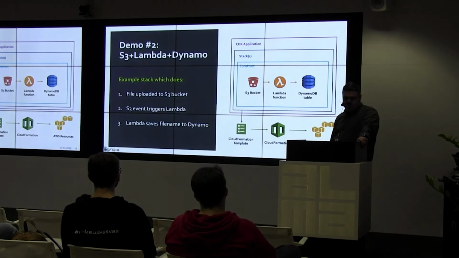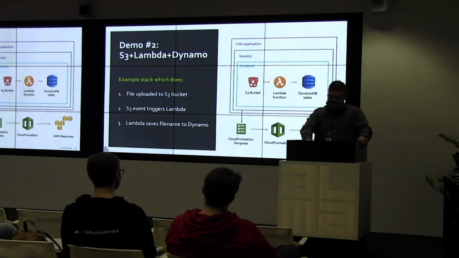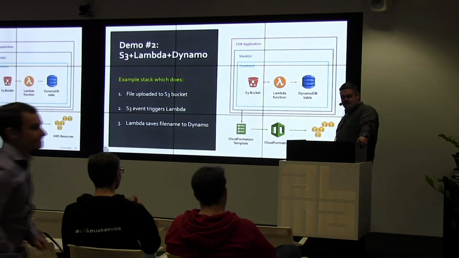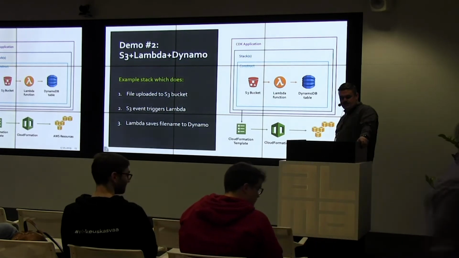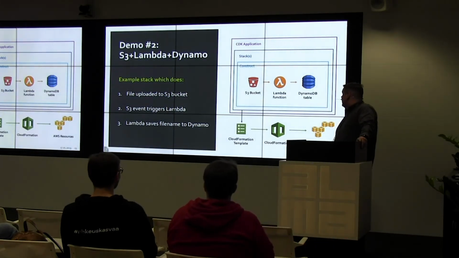Let's make another demo. Let's see how this one goes. Luckily I have my cheat sheets here. Now we're going to do a stack that actually does 3 things. It still has one CDK application, one stack.